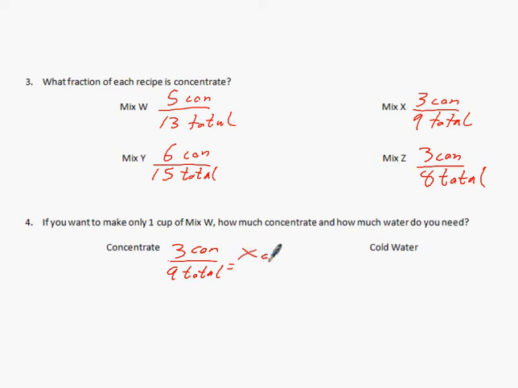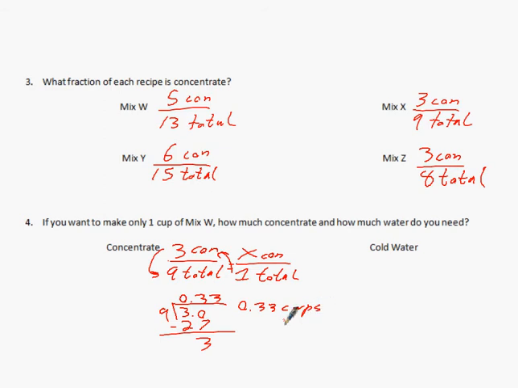How much concentrate to make 1 cup? 1 times 3 is 3 divided by 9. 9 does not go into 3. Add a dot 0. Goes in 3 times, 27. 3s repeat. So 0.33 cups concentrate.